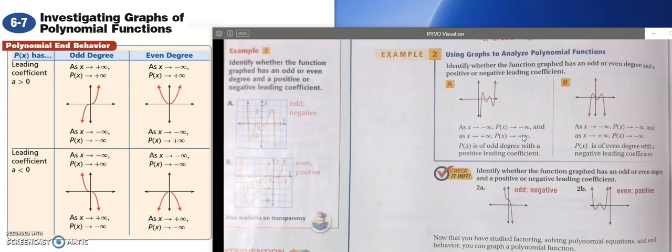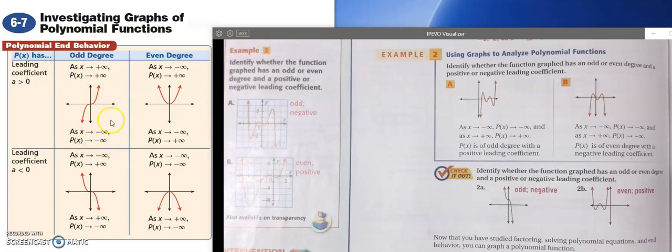So we need to come over here to see which one of these matches up. Don't forget that this one here should say positive, guys. But again, we said as x approaches positive and negative infinity, I should have p of x negative infinity and positive. So when I look over here, I'm going to find positive infinity and negative infinity.